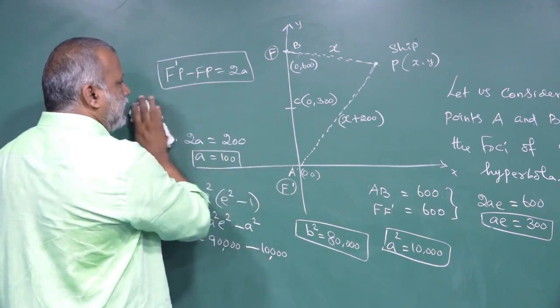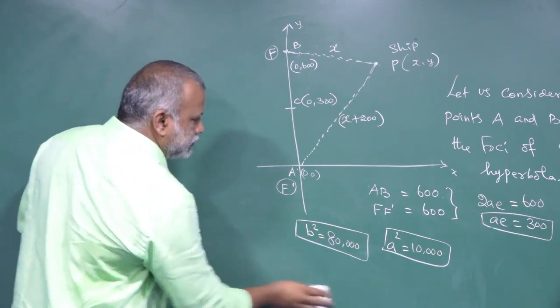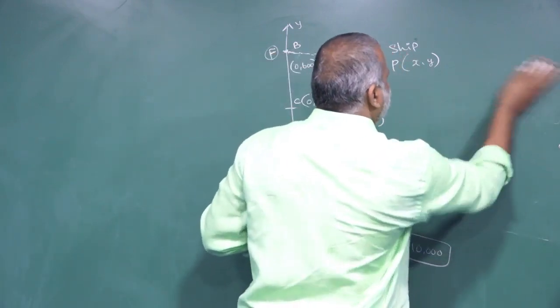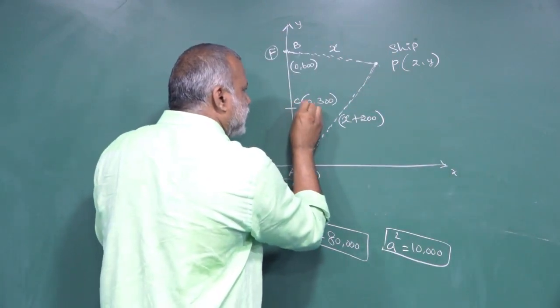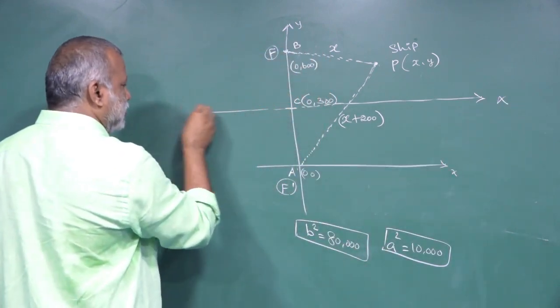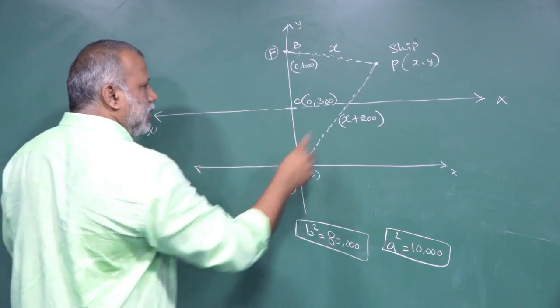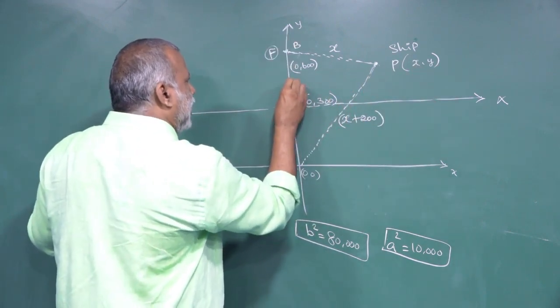Now we have to draw the diagrammatic explanation. See now. Now we are able to draw. Consider this is the capital X axis, X dash, because we are able to draw capital X and capital Y. Now capital Y is also along this only.